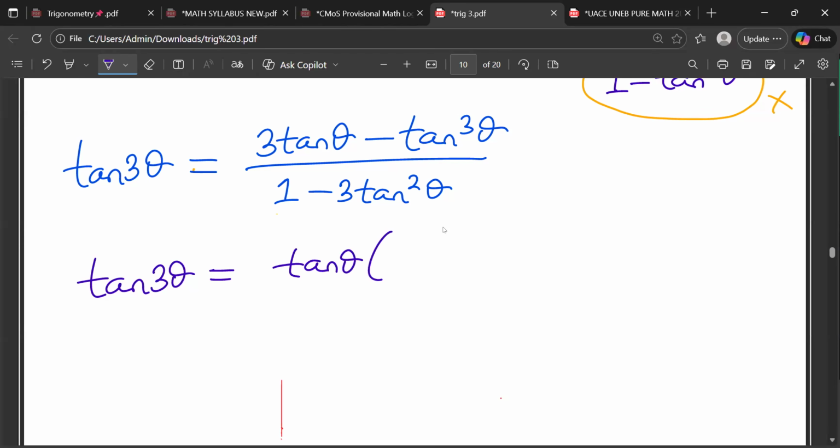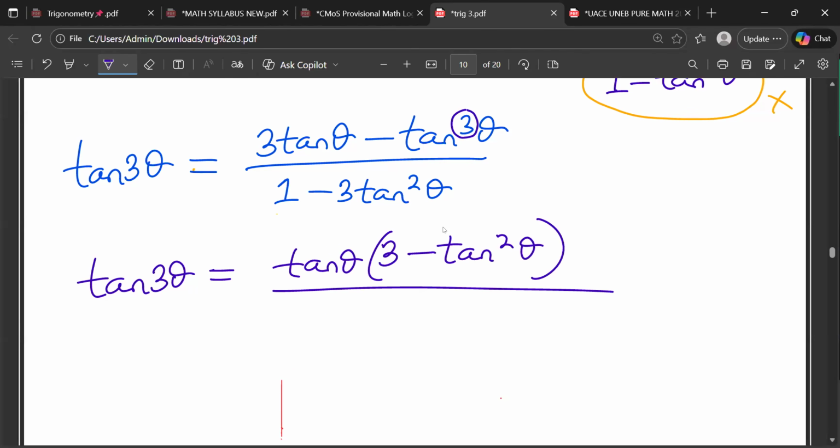So what will you have here? When you pull out tan theta, what has been that one remains as this, over the 1.